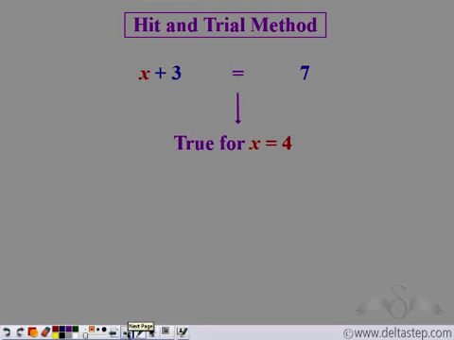Or we can say that this equation is true when x is equal to 4. For any other value of x, this equality will not hold. Hence, the statement x plus 3 is equal to 7 will be false for any other value of x. It is true only when x is equal to 4.